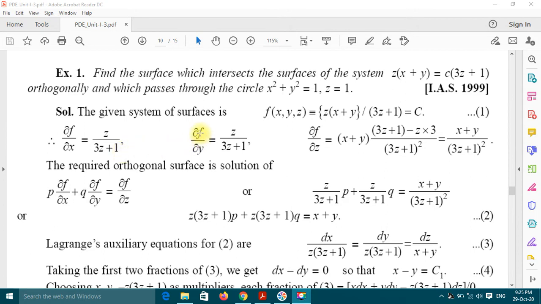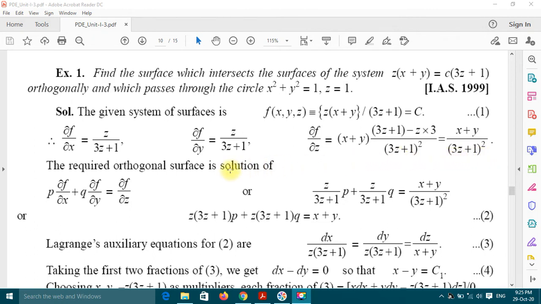And if we differentiate f with respect to y, then x and z are treated as constant. So ∂f/∂y is equal to z/(3z + 1), and now we differentiate f with respect to z partially, applying the quotient rule of differentiation. So we get (x + y)/(3z + 1)².